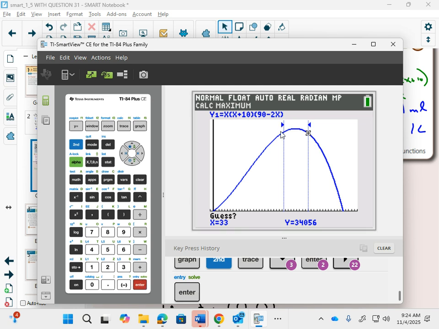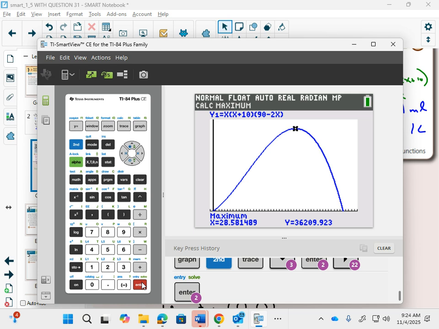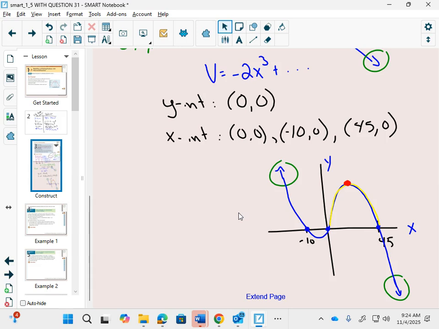If the maximum is in between those two arrows and you push enter again, it will find the maximum, and the x was supposed to be 28.581, and you would get 36,209.923.